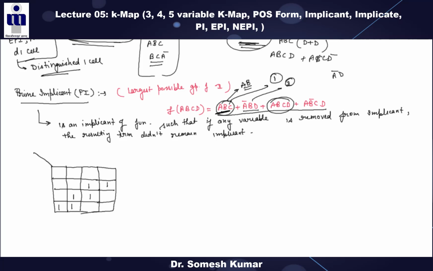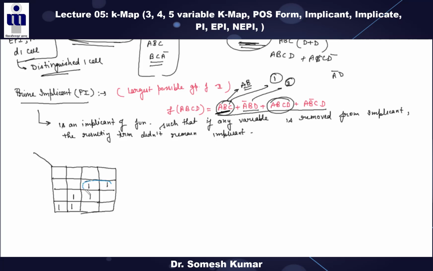Now tell me, is a quad possible or not? No, only pairs are possible. So this one is your first pair. Maximum possible pairs, which include redundant terms also.